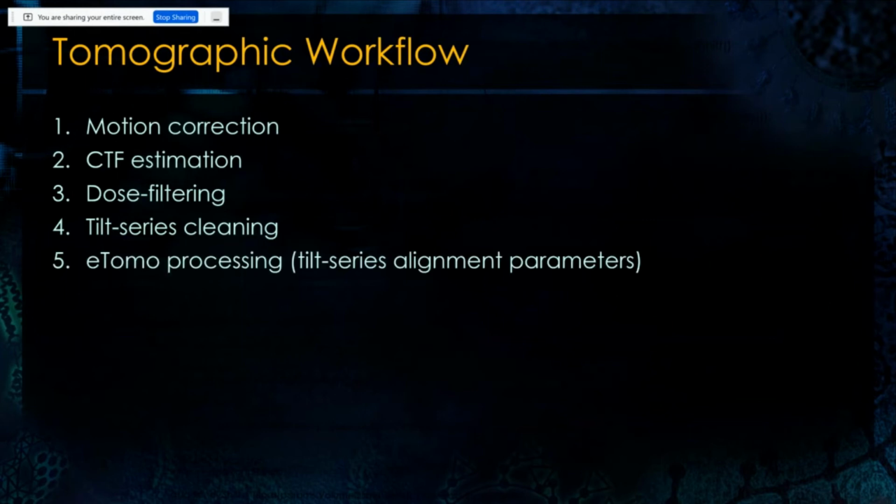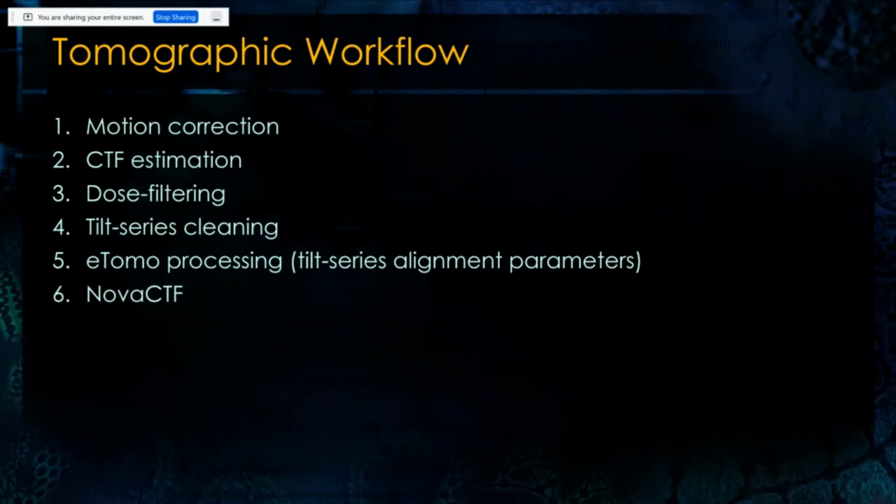Then we go to the classical e-tomo processing, mostly to establish the parameters for the alignment of the tilt series, but also to get the preliminary normal weighted back projection reconstruction of the tomograms to see if we actually like what we see, if we have the structure we need there, and to maybe determine some Z shift and the thickness of the tomogram.